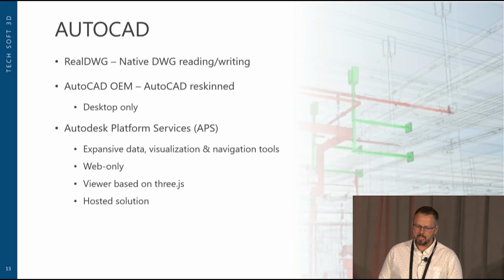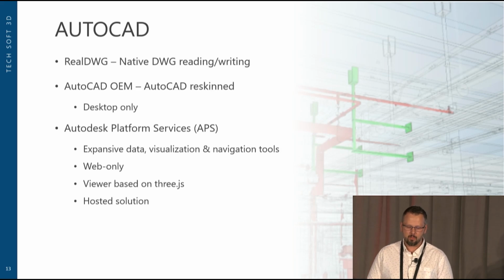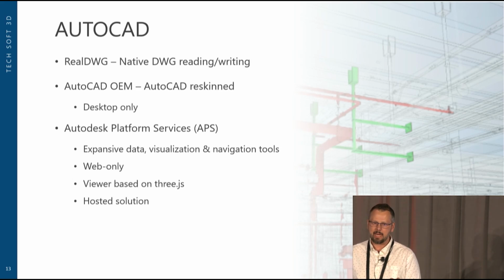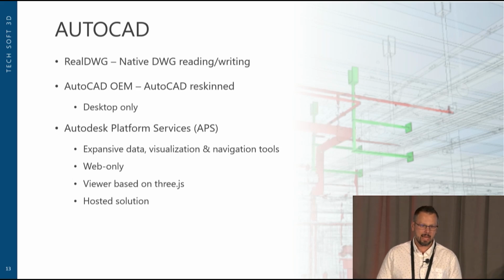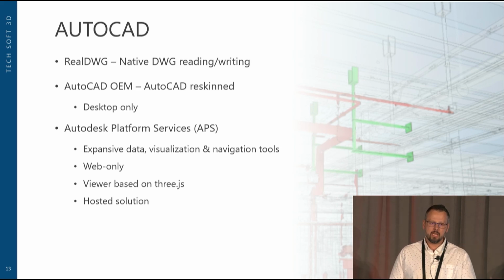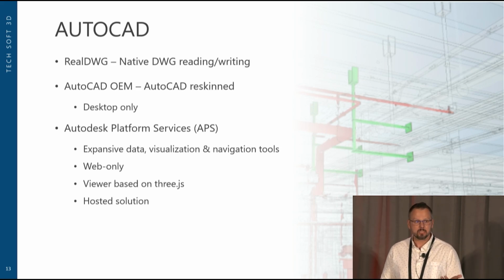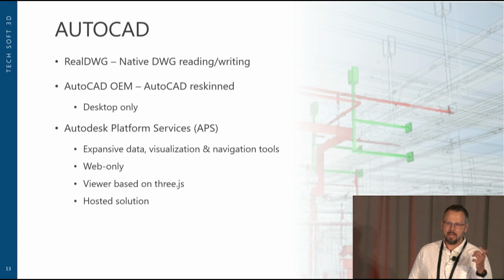But how about Autodesk and AutoCAD from Autodesk? There's more CAD data out there than any other type. Real DWG or DWG is the most prominent CAD data out there. And though the ODA, Open Design Alliance, provides access to DWG files, it is reverse engineered.